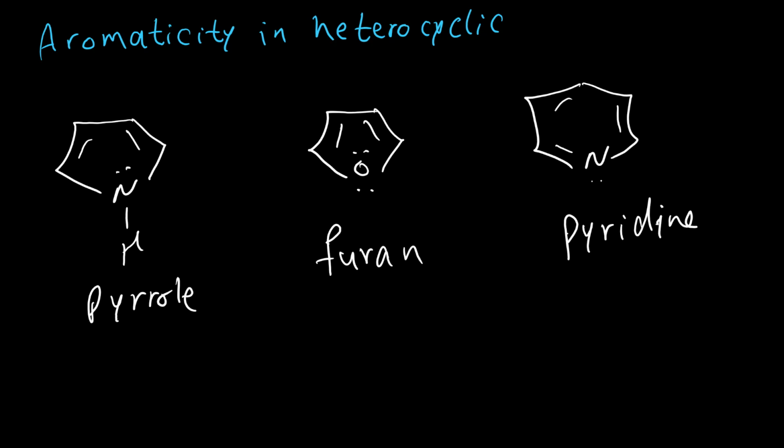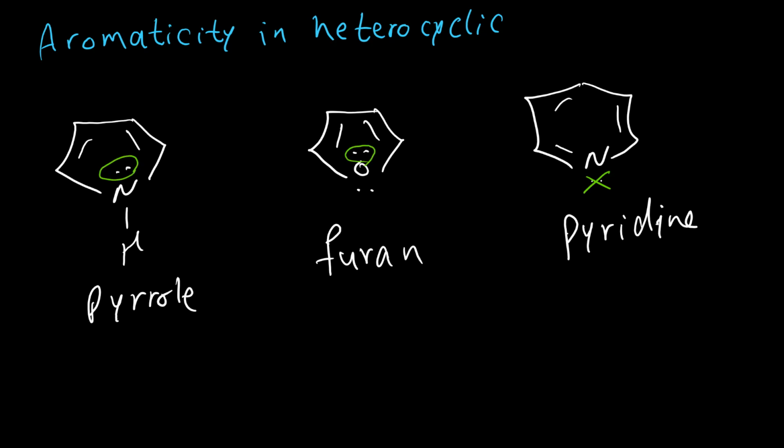Look at your heteroatoms. If the heteroatom has a double bond, like pyridine, don't count this electron for the ring. But if it doesn't have a double bond, so here oxygen doesn't have any double bond, or here in pyrrole, nitrogen doesn't have a double bond, then count only one of these lone pairs.